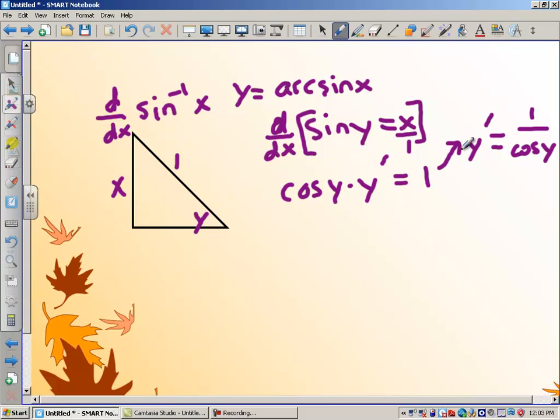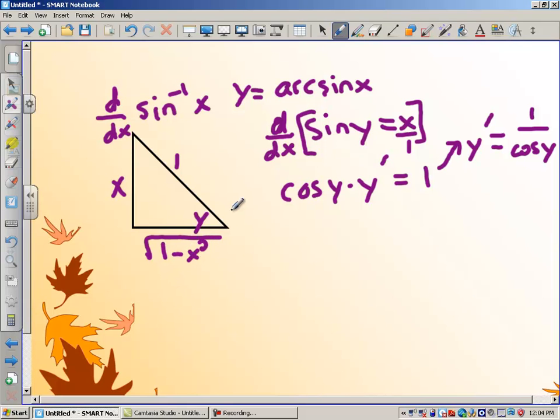Now, it says that y prime is 1 divided by the cosine of this angle. Well, for the cosine of this angle, I need the adjacent side. So if you do the Pythagorean theorem, x squared plus this adjacent side squared equals 1 squared, and then you subtract, you get that this missing side is the square root of 1 minus x squared.